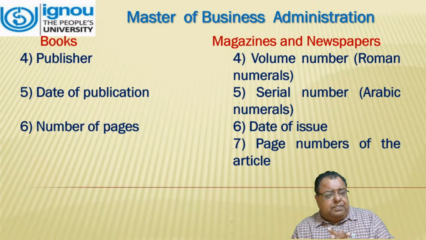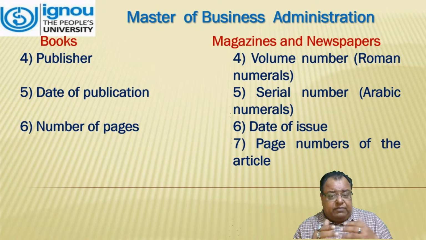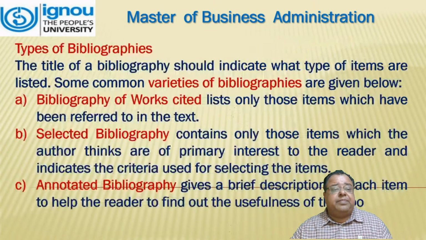We also include the volume number in Roman numerals, serial number in Arabic numerals, date of issue, normal, and the page number of the article from where it has been drawn or consulted.